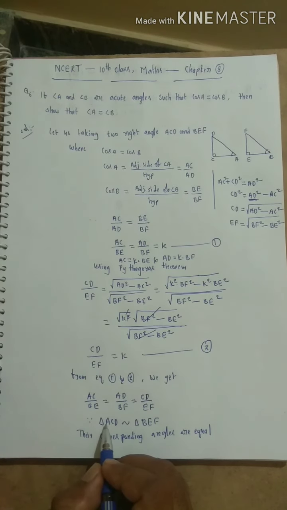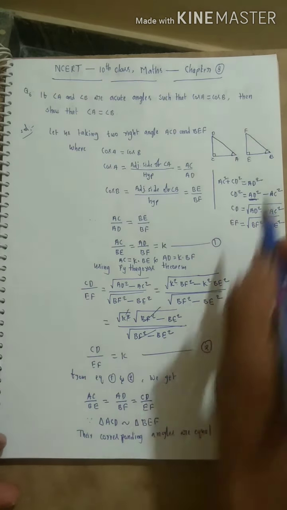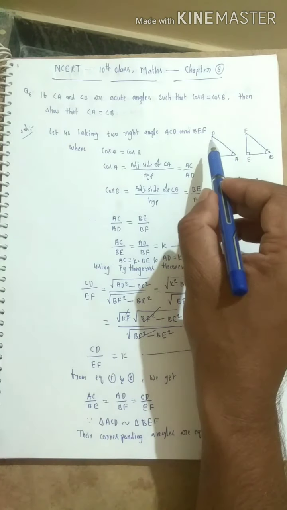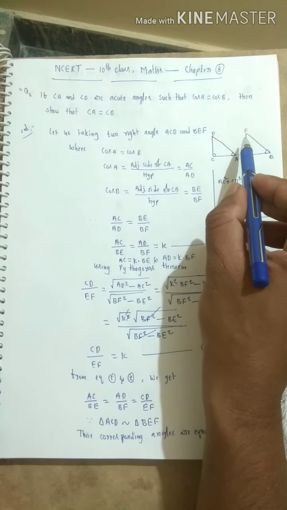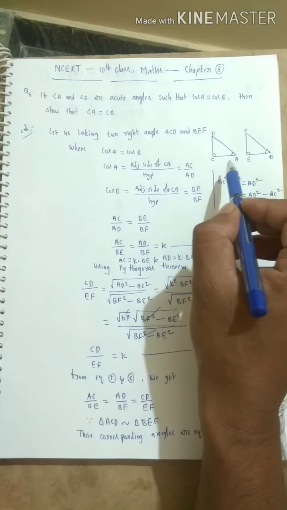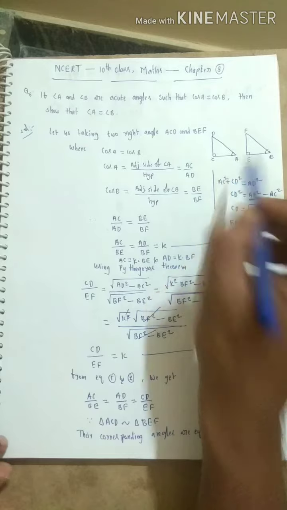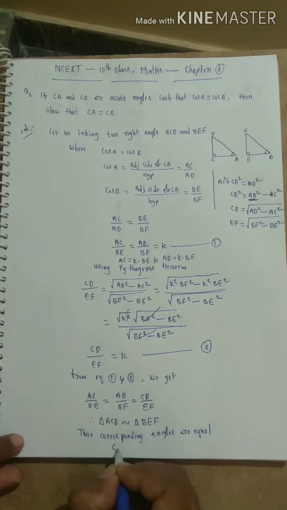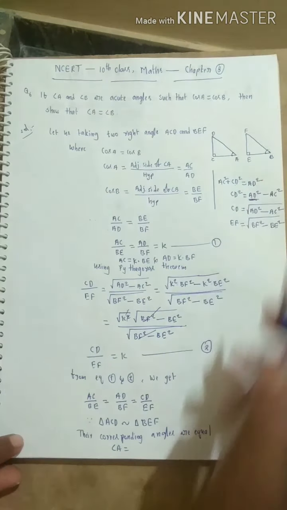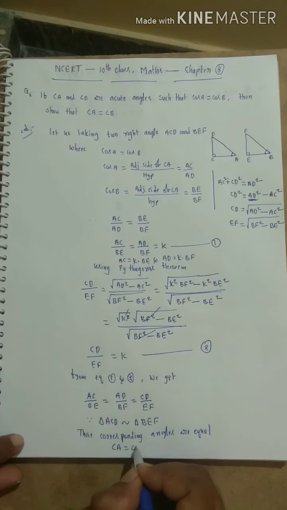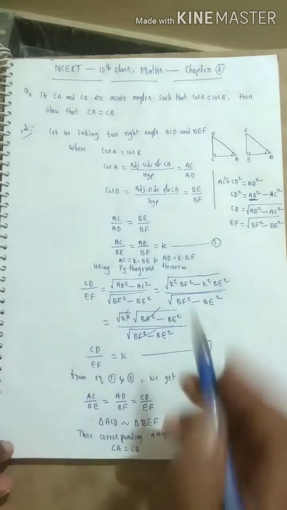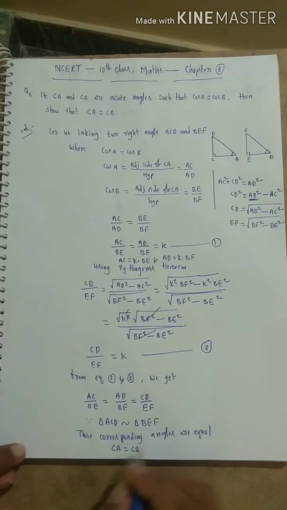Here angle A's corresponding angle is angle B, angle D's corresponding angle is angle F, and angle C's corresponding angle is angle E. Here the corresponding angle A is equal to the corresponding angle B. We proved that angle A is equal to angle B. Hence proved.